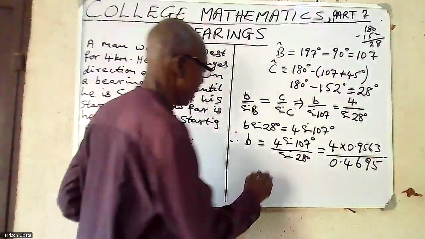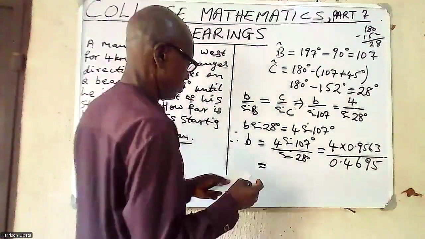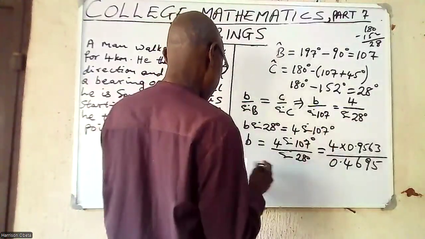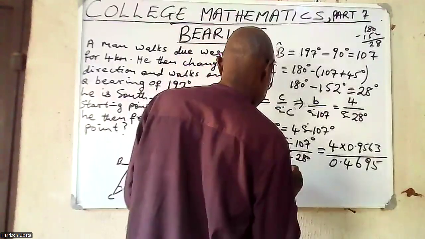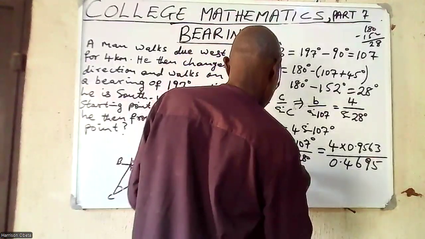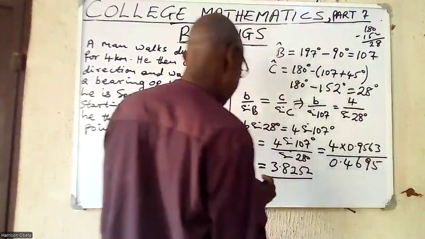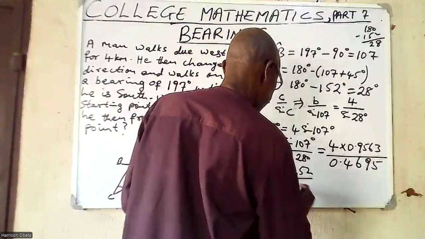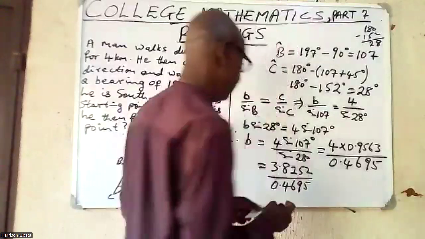So if we now divide, before then you write out the value. This will give us 3.8252, divided by 0.4695.